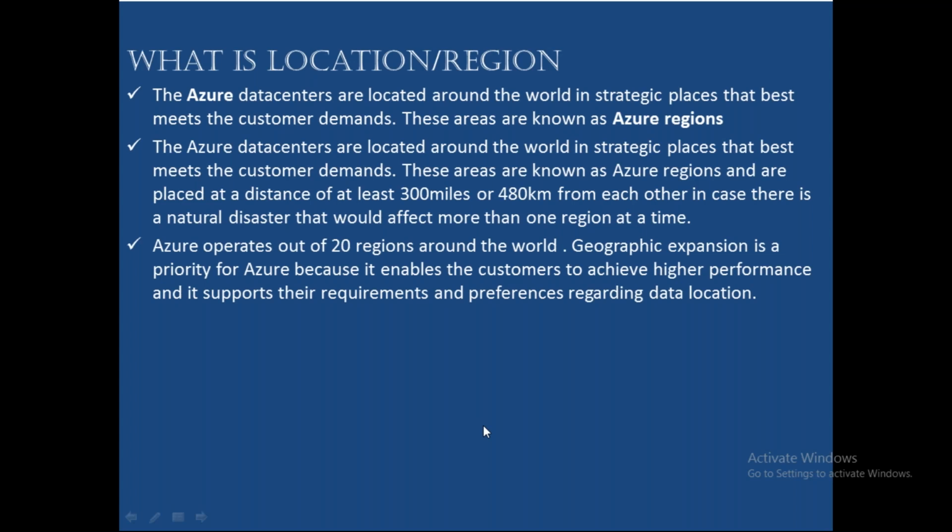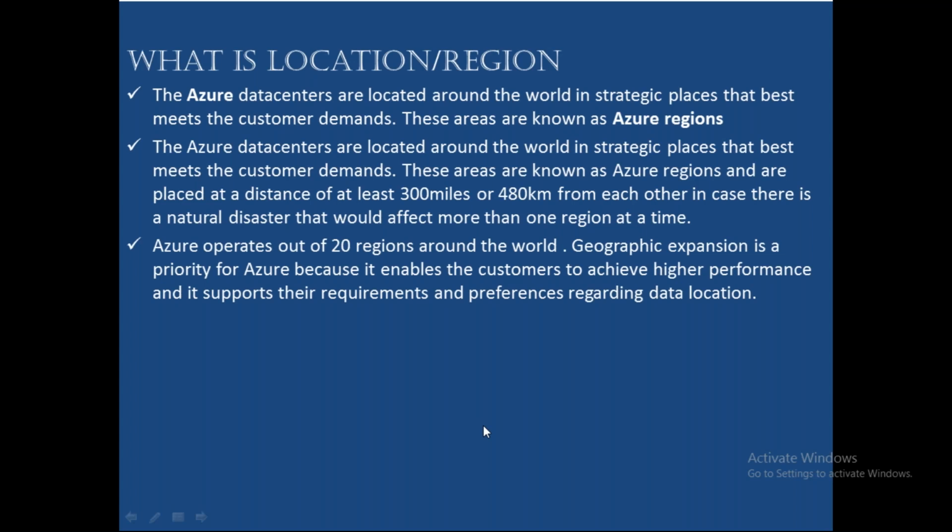Let's imagine all data centers are available only in the US. Now whatever data I want to store in the cloud, I need to put in a US data center. If I put my data in a US data center and try to access it in India, how much time will it take? It will take more time because the US is very far from India.